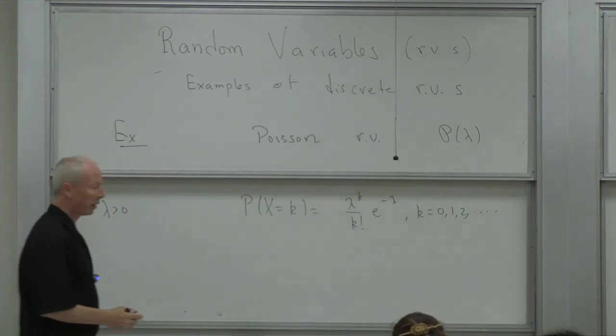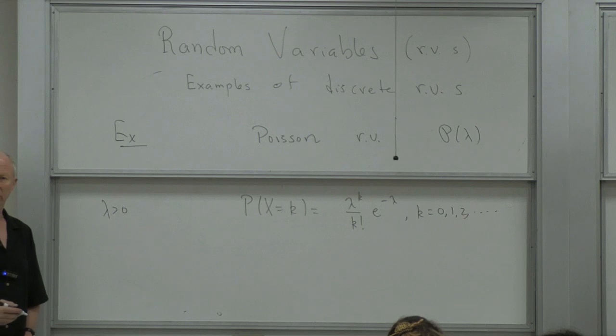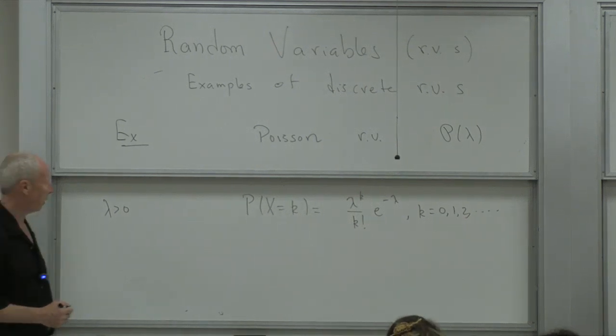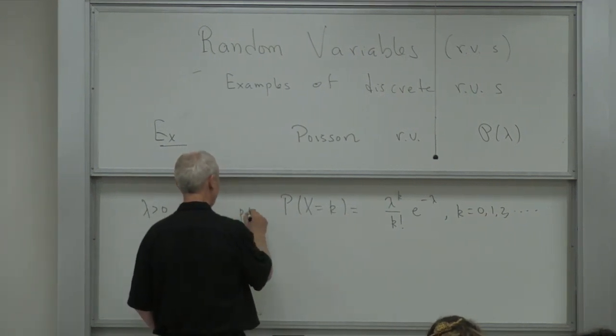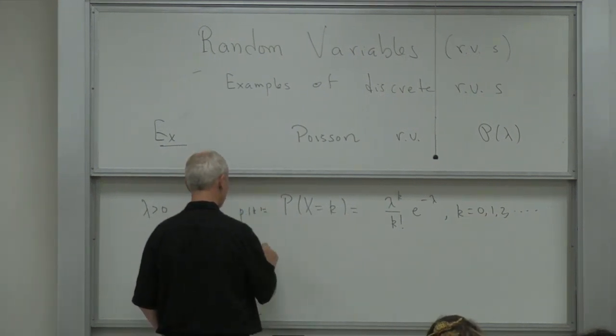The random variable can take on any natural number value. Probability X is equal to k is lambda to the k over k factorial e to the minus lambda. So that's the PMF. The sum of the PMF has to always be 1.